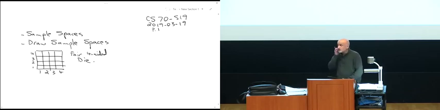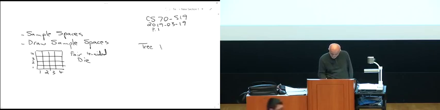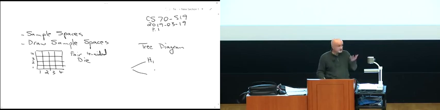Another way we represented sample spaces was using tree diagrams. I toss a coin twice. Actually, it doesn't have to be fair.